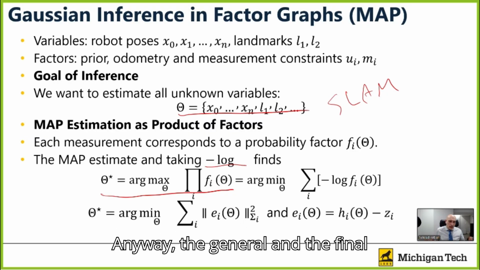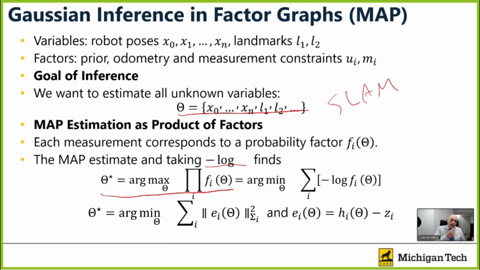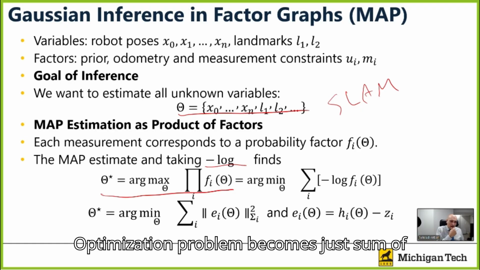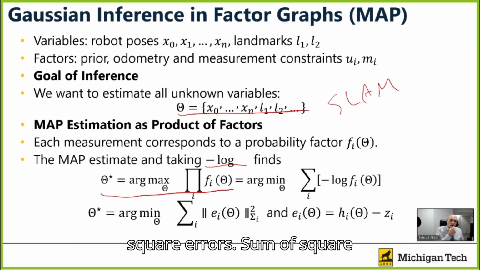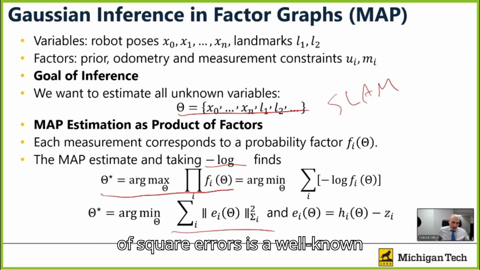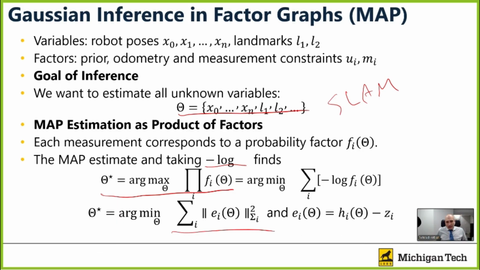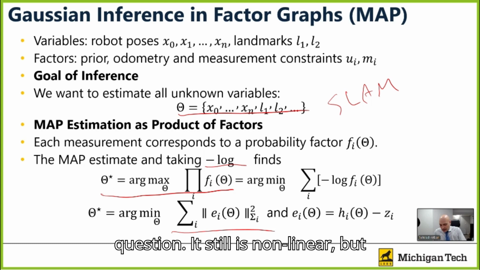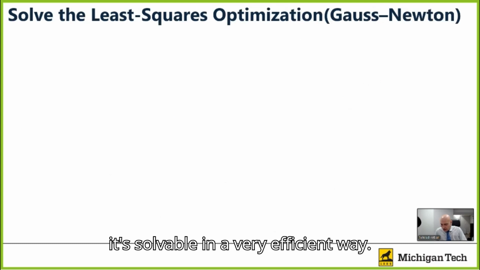Anyway, the final optimization problem becomes just a sum of square errors. Sum of square errors. Sounds familiar, doesn't it? Sum of square errors is a well-known problem. It is still nonlinear, but it is solvable in a very efficient way.